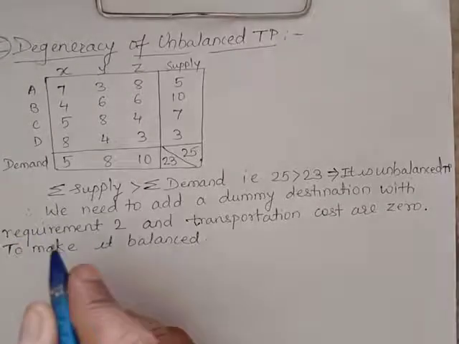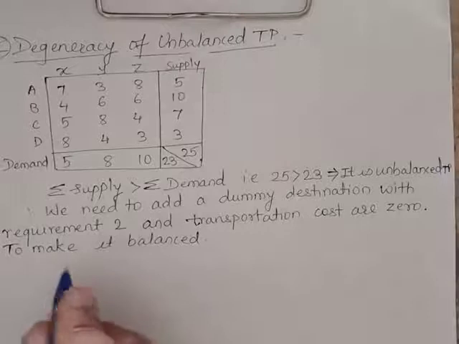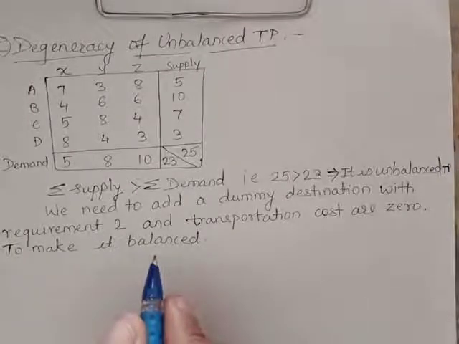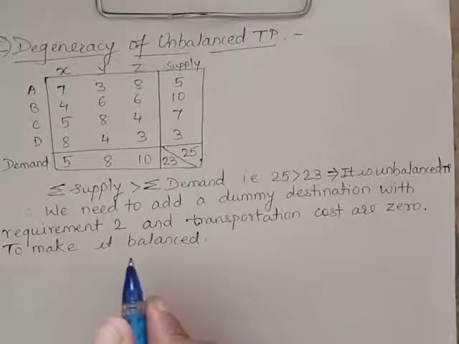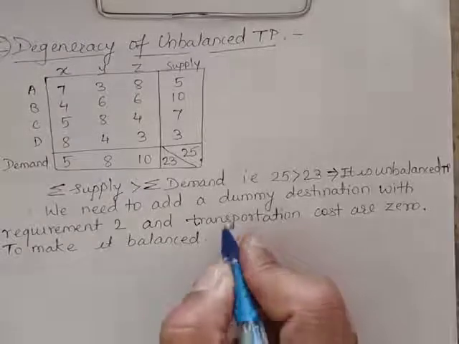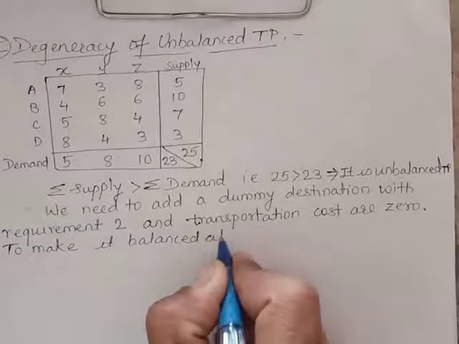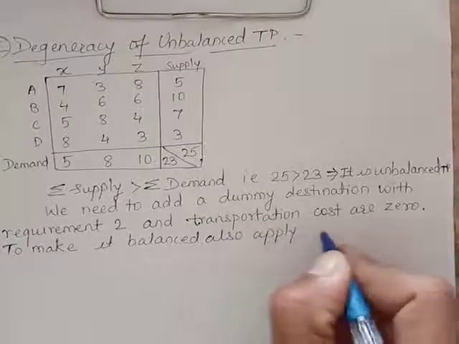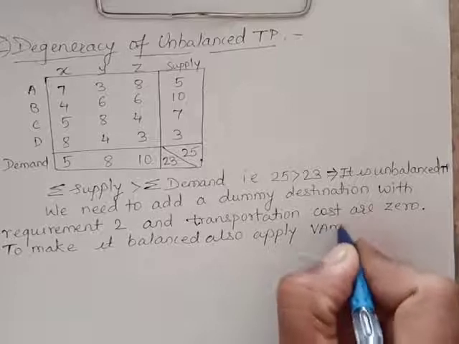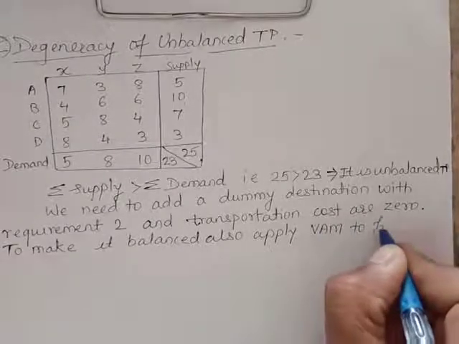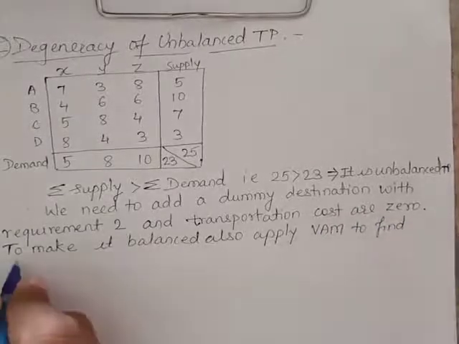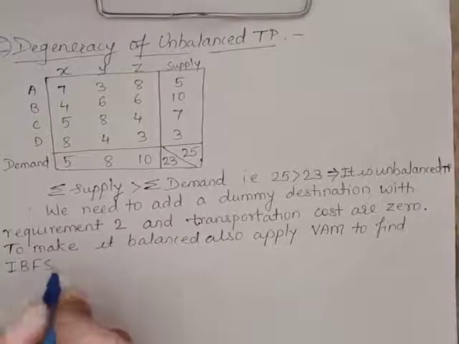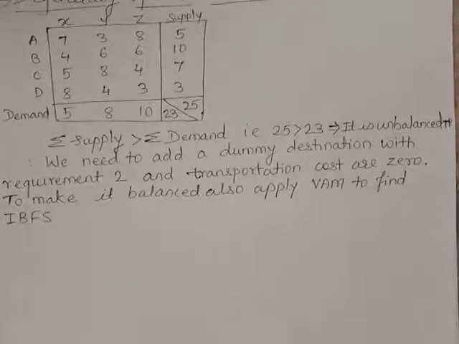So let us make it balanced and side by side apply VAM to find IBFS. So let's do it here.